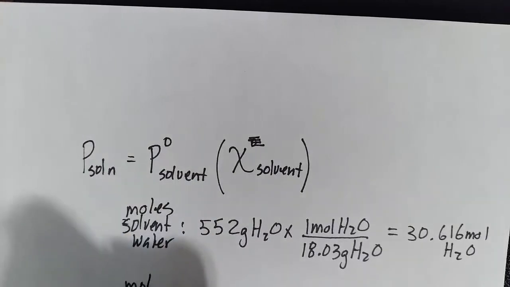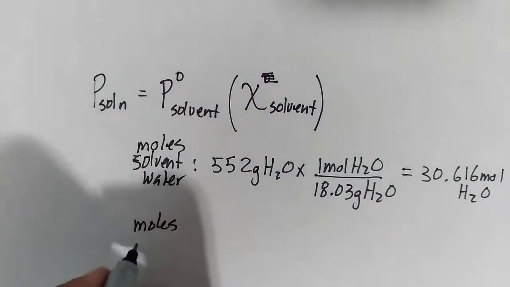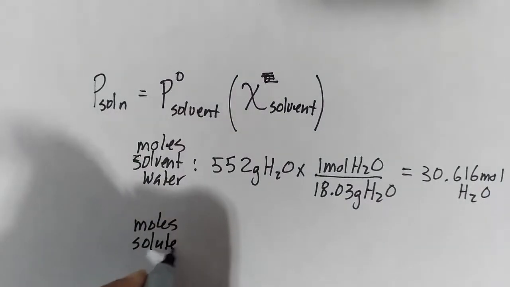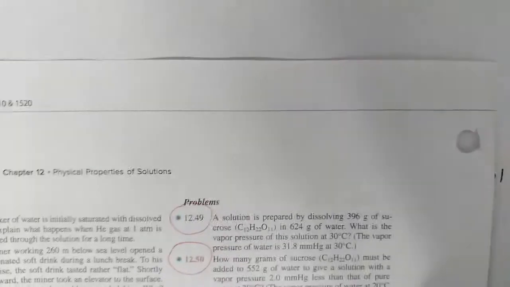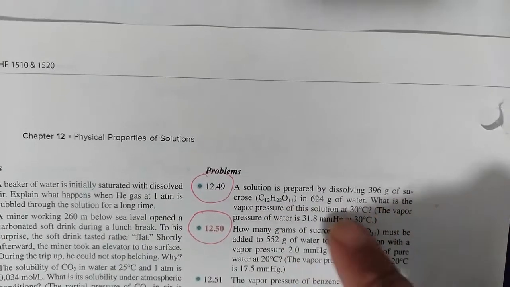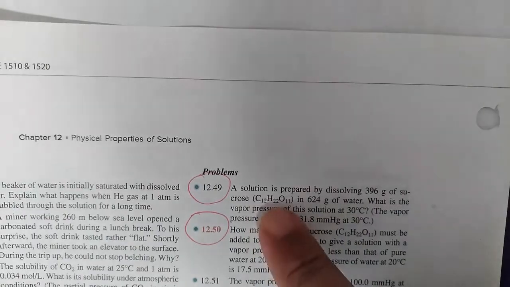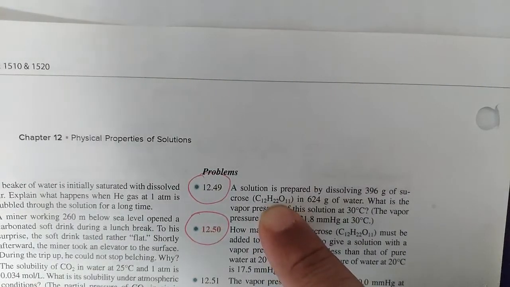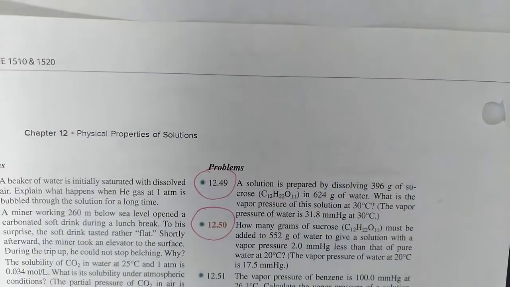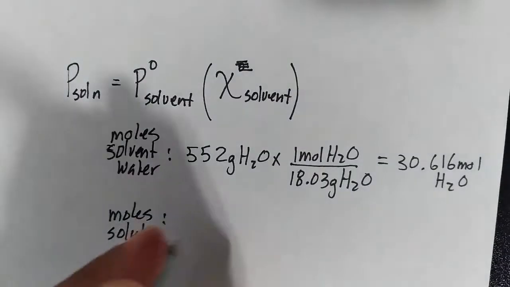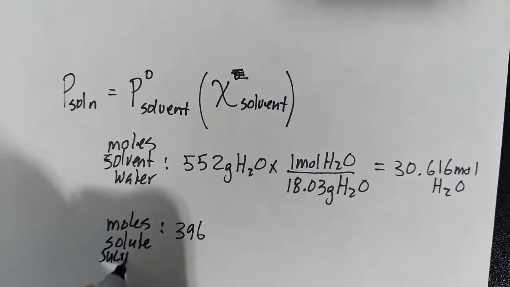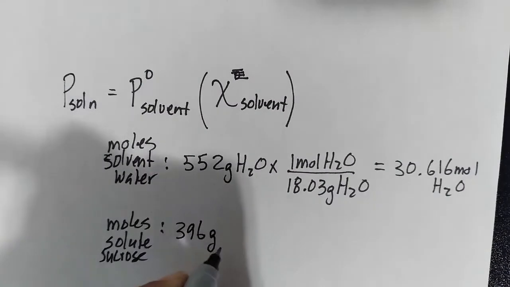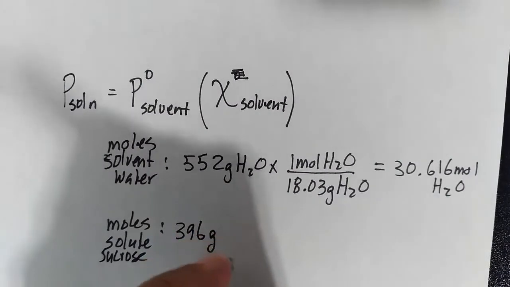And now we want to calculate the moles of our solute. In this problem, they tell us the solute, sucrose, is 396 grams. So we have to convert this C12H22O11 to moles. So 396 grams of sucrose. Sucrose is our solute.